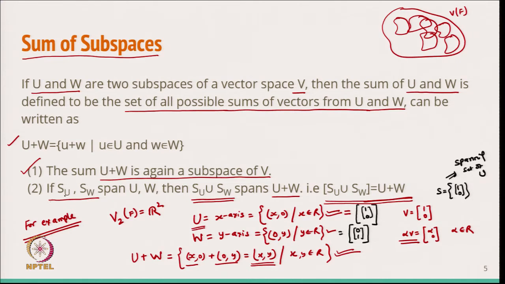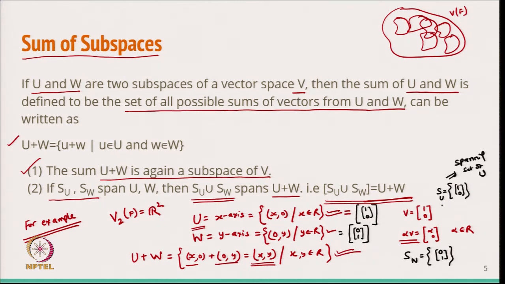So, if this vector spans U, it means this is my SU, and similarly I can define SW, which will contain the other vector. Now, I want to show what is going to happen if I take the union.